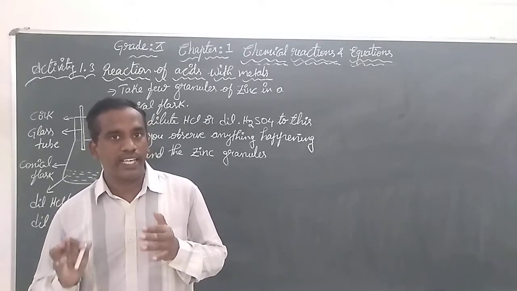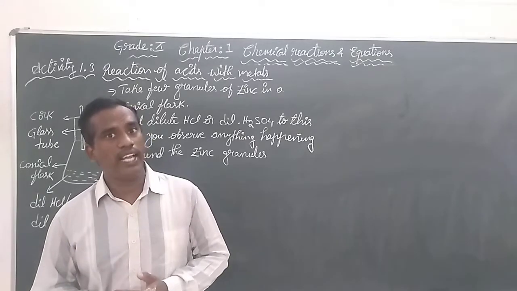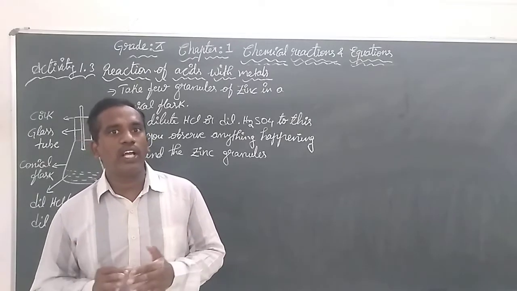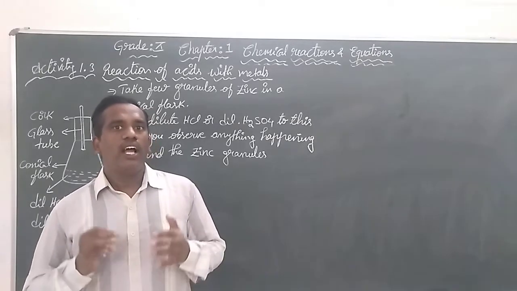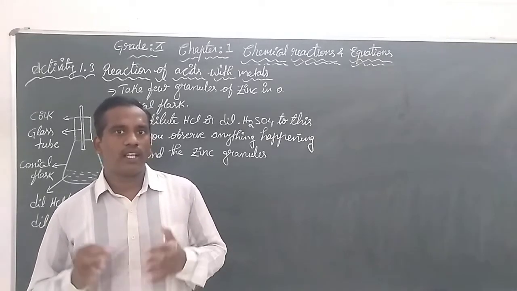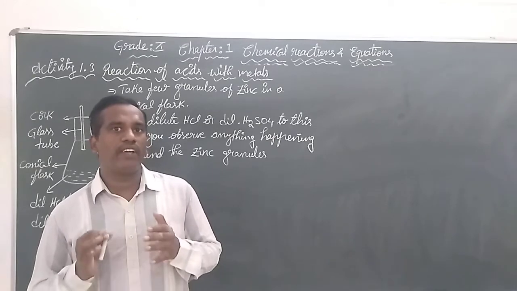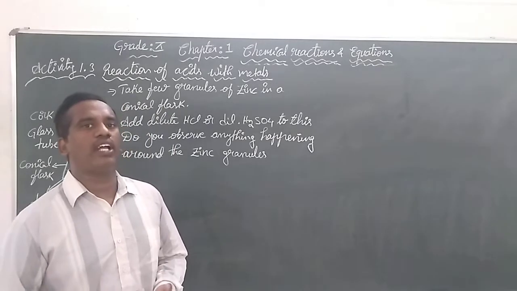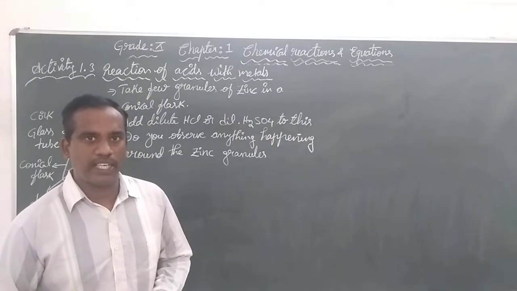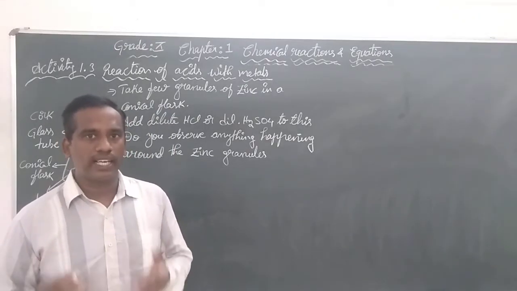That is, there is a change in state. And when potassium iodide reacts with lead nitrate, it forms lead iodide, a yellow color precipitate. There is a change in color.